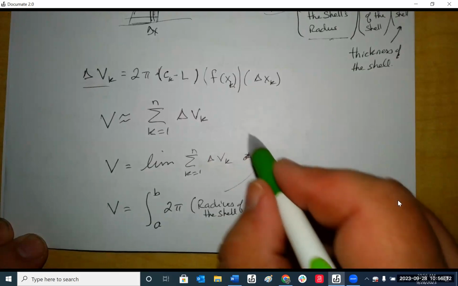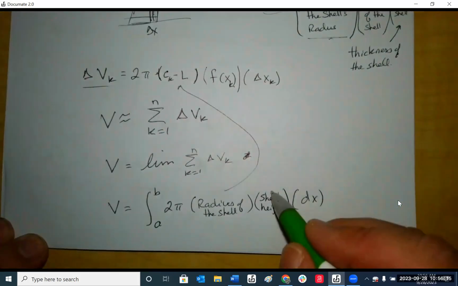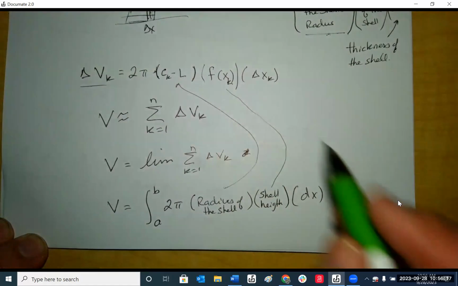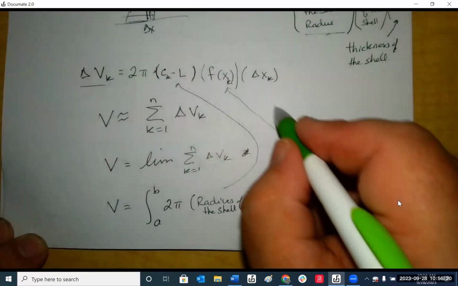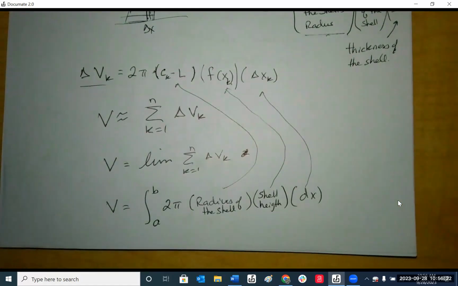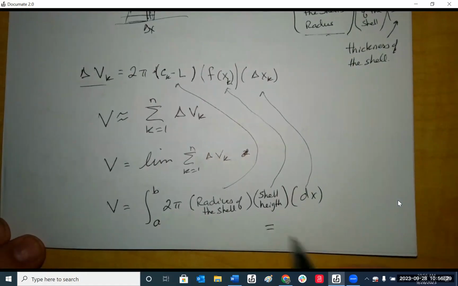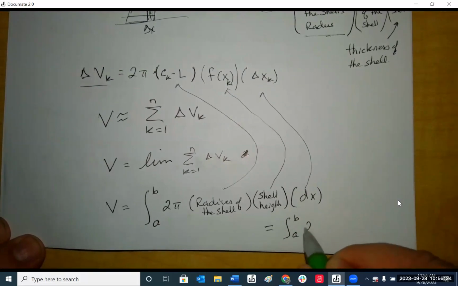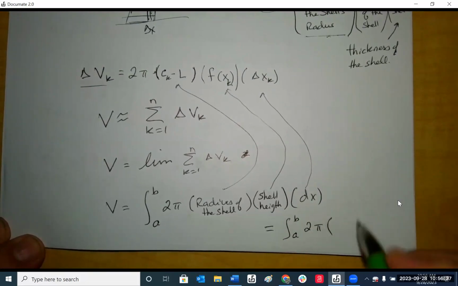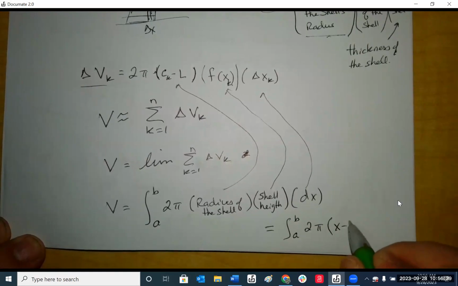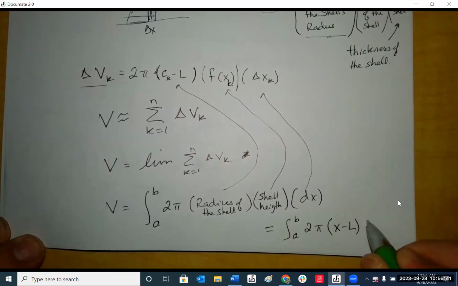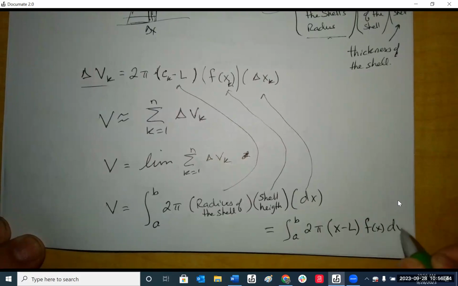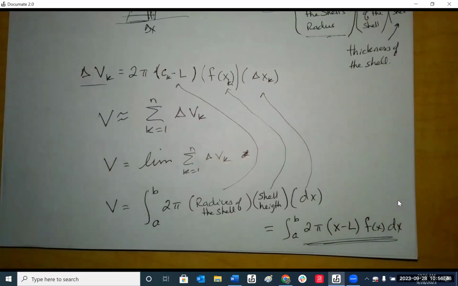The radius of the shell is c minus L. The shell height is the function itself. And the dx is, we're taking it with respect to the variable x. So this becomes, after everything's said and done, x minus L times f of x dx. And there's our formula for the shell method.